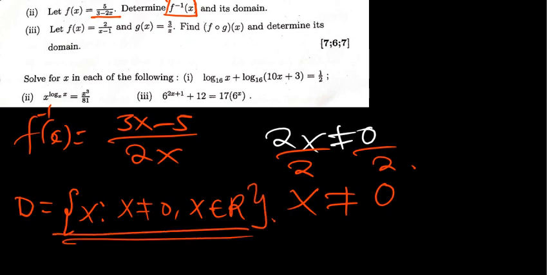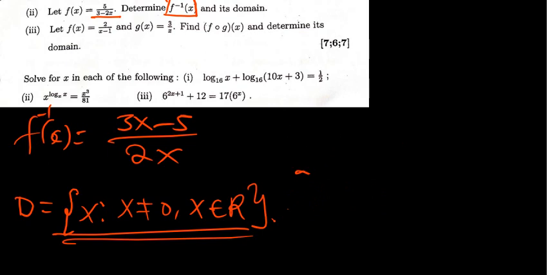Last time someone asked me why can't we use integers? The question was, why are we using real numbers?